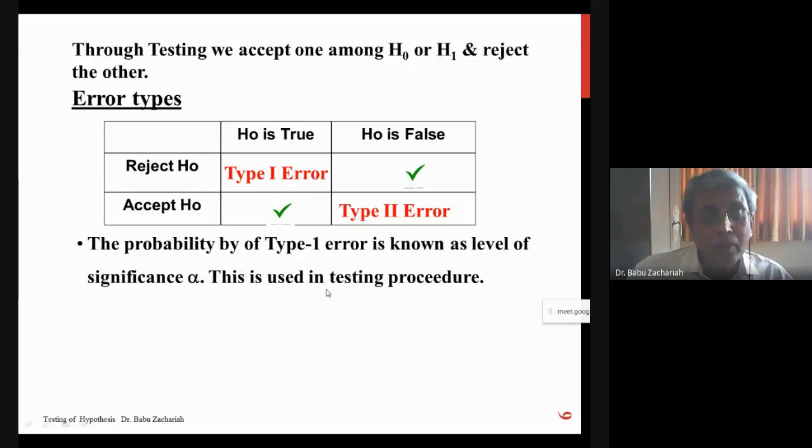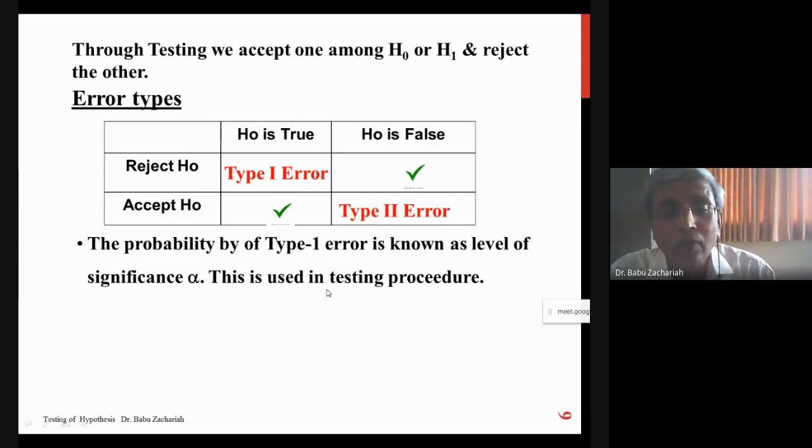Now, the probability of type 1 error is known as the level of significance, which we have to specify in advance. Many people in social sciences usually fix alpha as 0.05, meaning they are ready to tolerate 5% error.